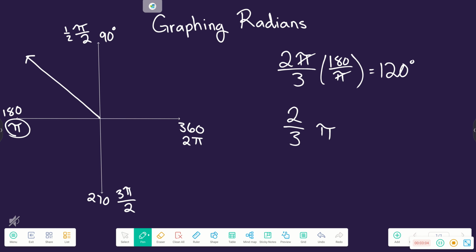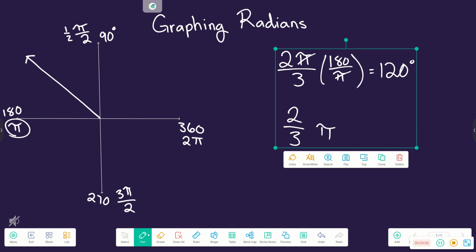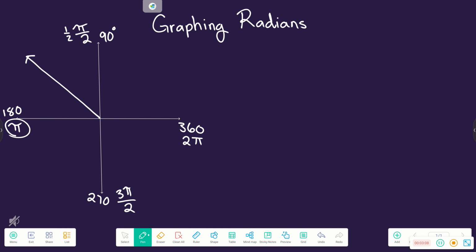This looks different for different things. So for example, if I have 7 pi over 5, using our second method, so not needing to convert it because you really don't have to, I'm going to take that fraction, 7/5, and think about that's an improper fraction.